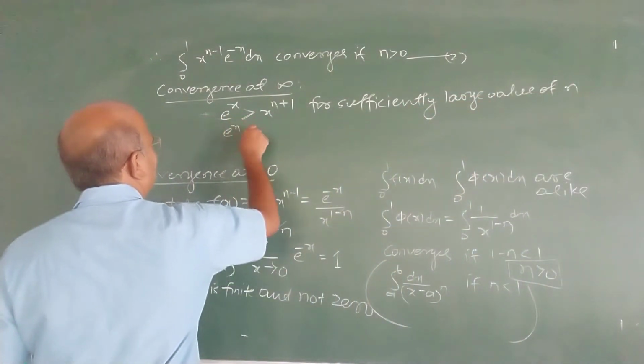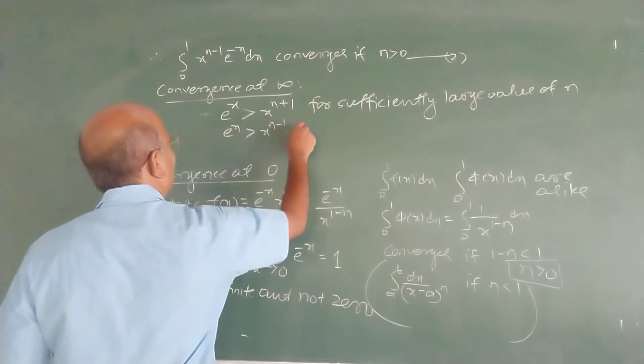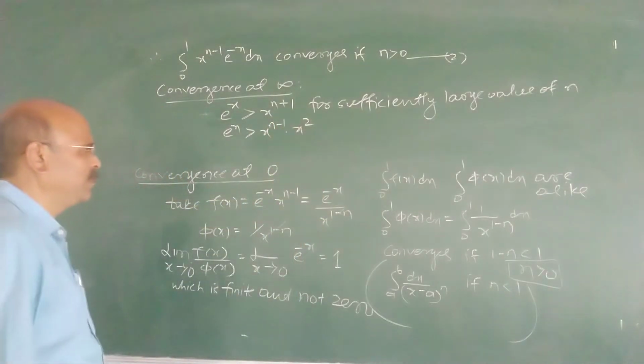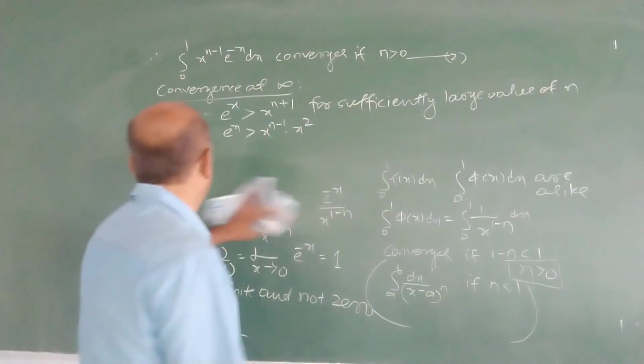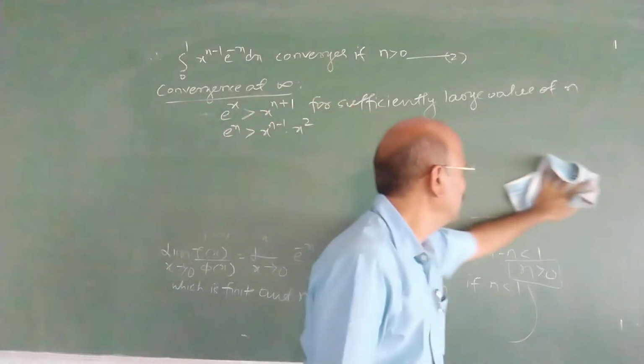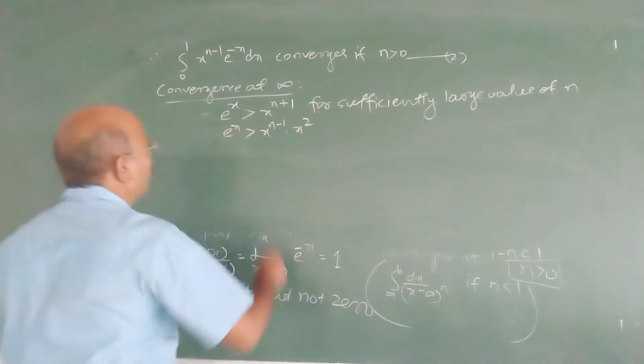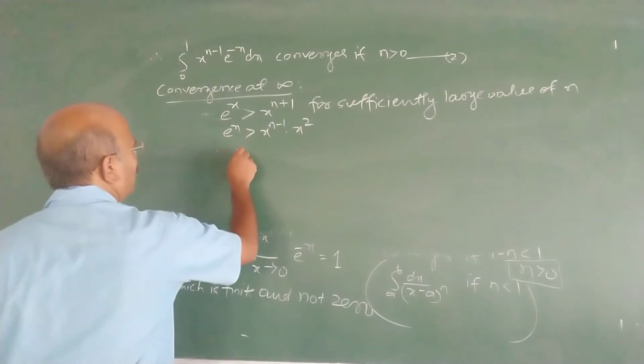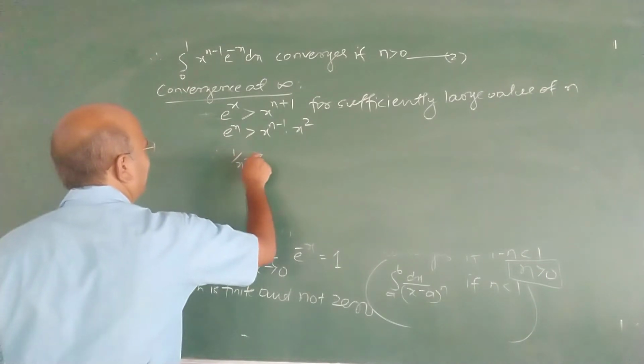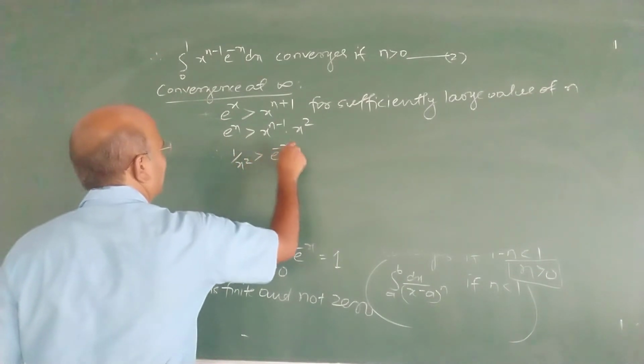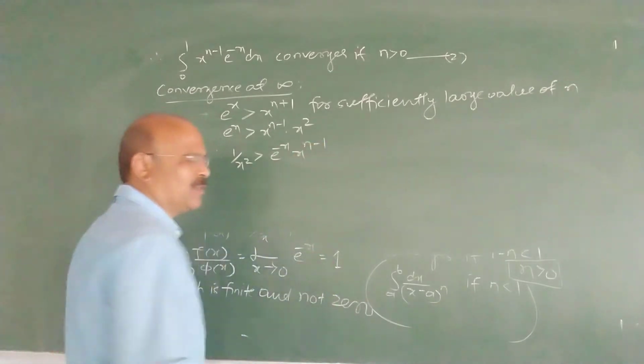That is, e raised to x is greater than x raised to n minus 1 into x square. So I write n plus 1 as n minus 1 plus 2, giving x raised to n minus 1 times x square. Therefore, 1 upon x square is greater than e raised to minus x, x raised to n minus 1.